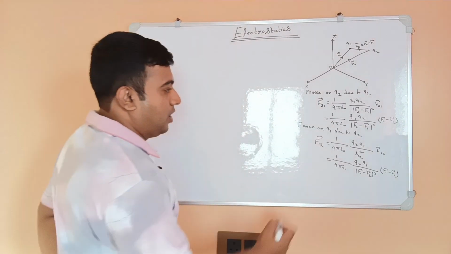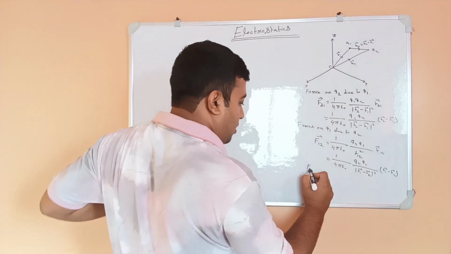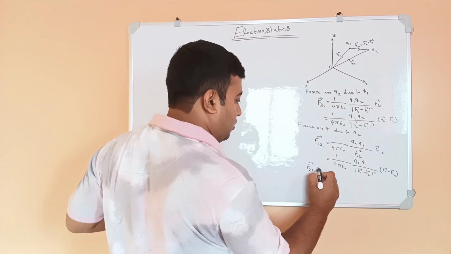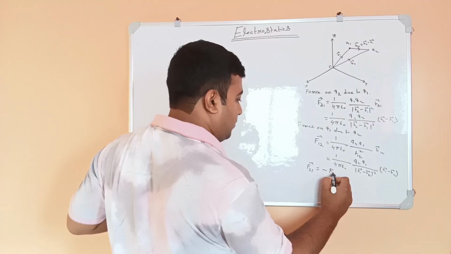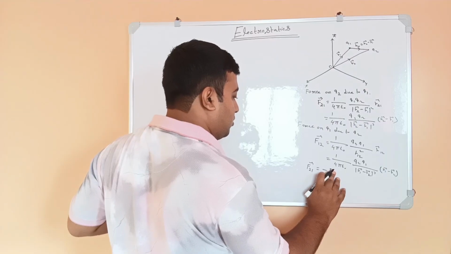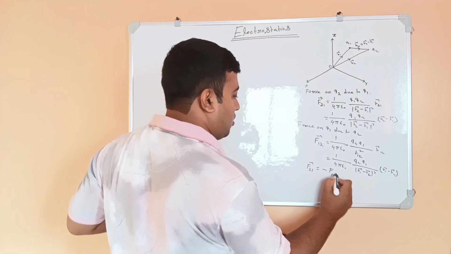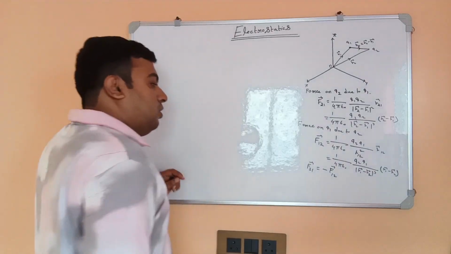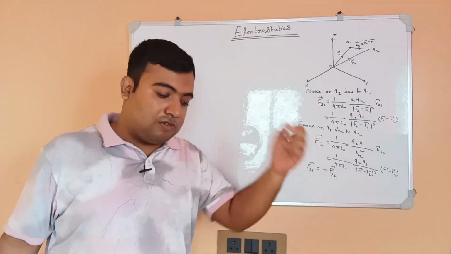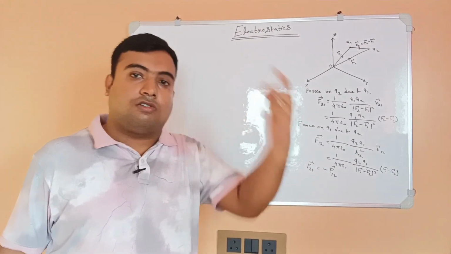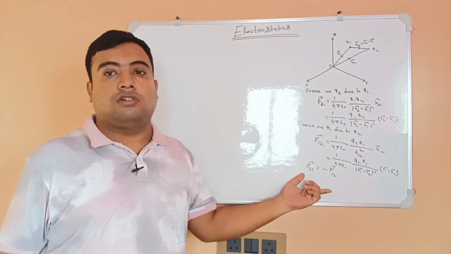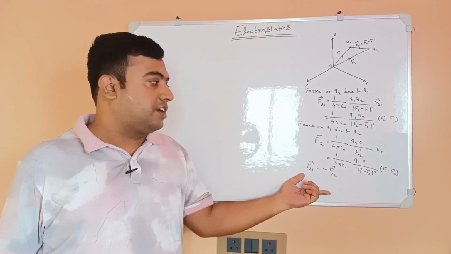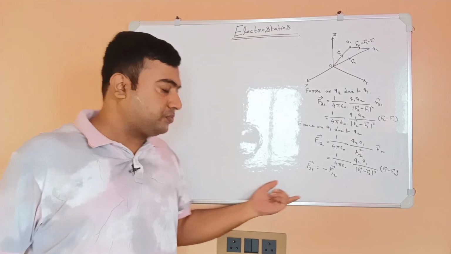So we can say that F21 is equal to minus of the vector F12. So the Coulomb force is consistent with Newton's third law, that is the action-reaction force.